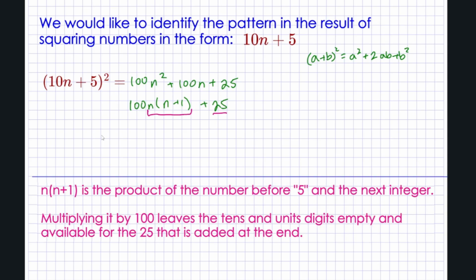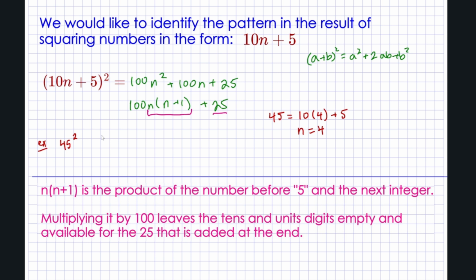So let's see how this works with an example. So if we're trying to square the number 45, if we look at the structure of the number 45, 45 is 10 times 4 plus 5, which shows us that n in this case is 4.